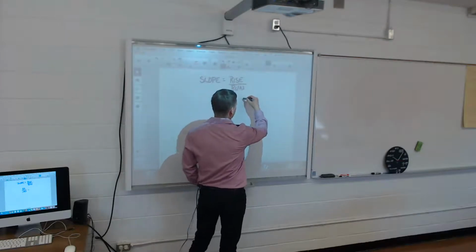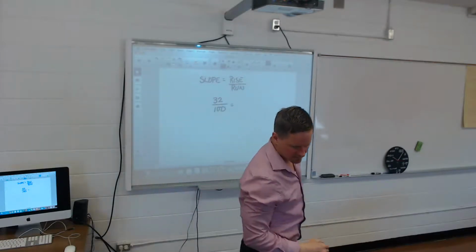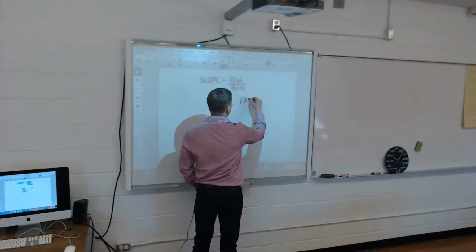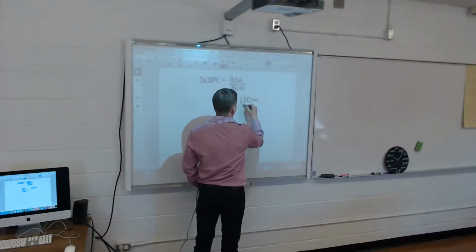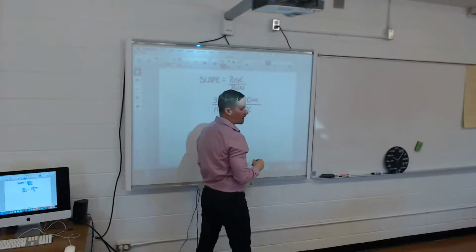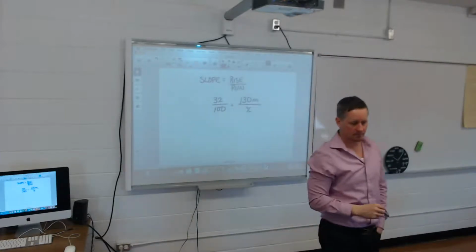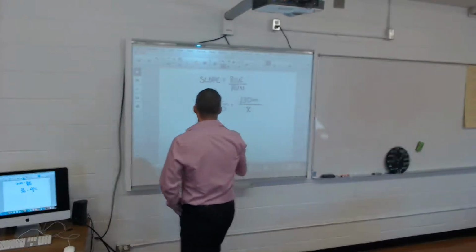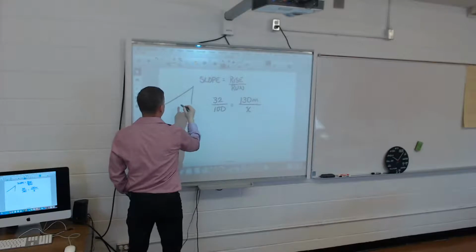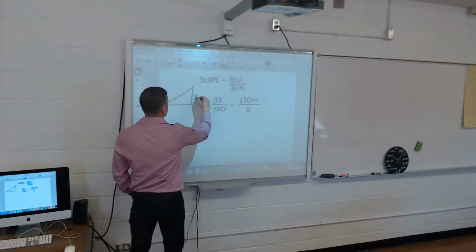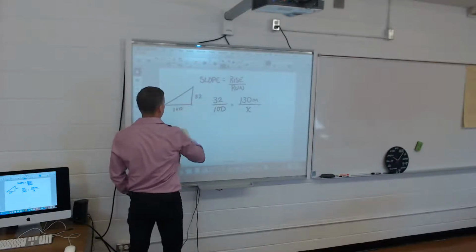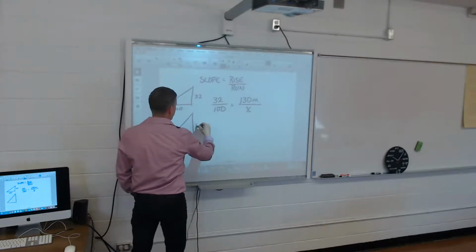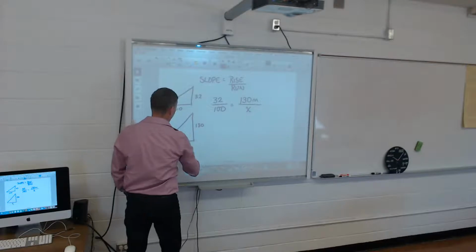Then it gives me 130 meters of elevation rise, and it wants you to find out how far out the run is. Yesterday, I drew it as two triangles, right? So this was 32 over 100. This is 130, and I need to know what x is.